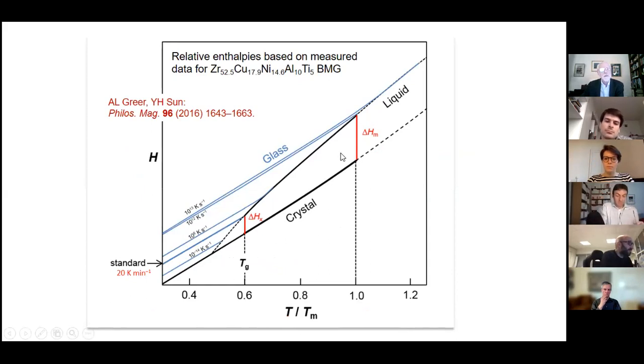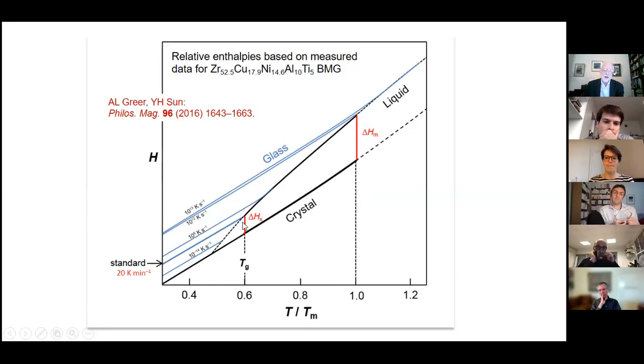It's only about 40% typically of the heat that you would have had at the liquidus temperature for the alloy system. And of course, the difference is that in between you have some sort of excess specific heat of the supercooled liquid, which of course is telling you exactly that there is ordering as you cool it towards the point where it enters the glassy state.